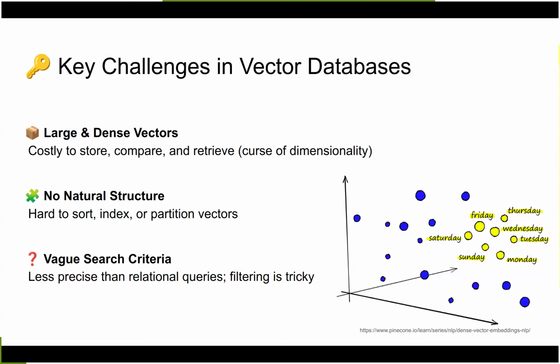Each attribute of the vector is comparable to the attributes of another vector, but with all of these dimensions combined, you cannot say one vector is bigger than the other. And the criteria of the search is actually a bit vague.